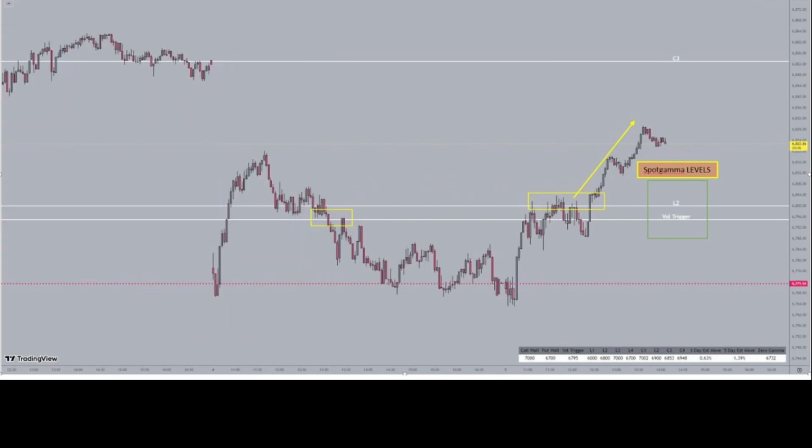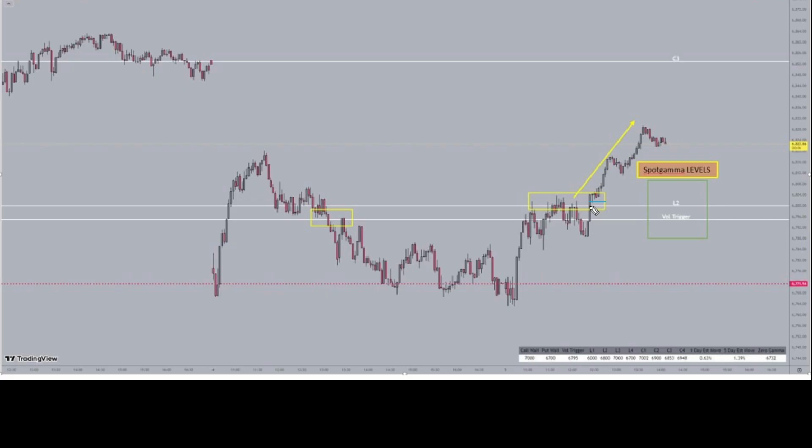Okay. Here, as I say, price went down. After this, price broke the volatility trigger and L2 and made a little pullback.